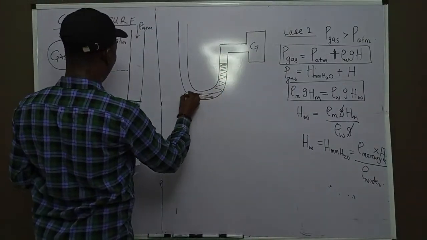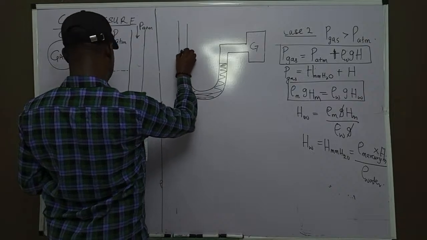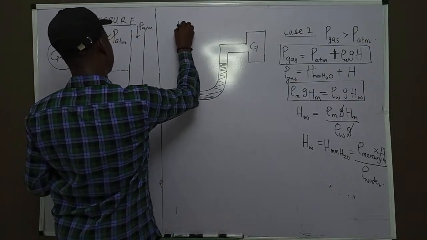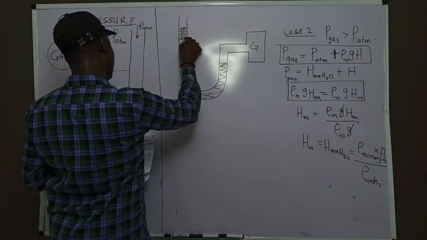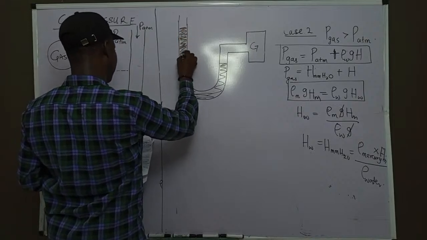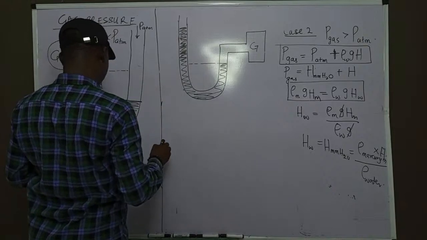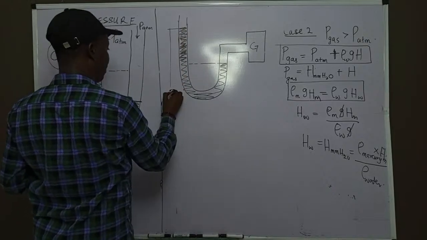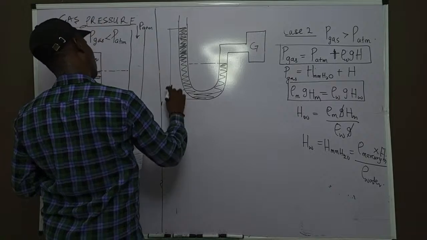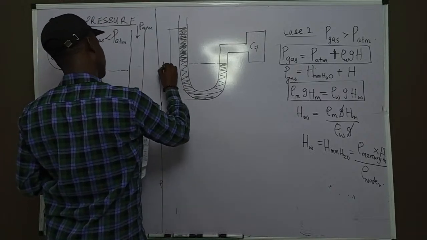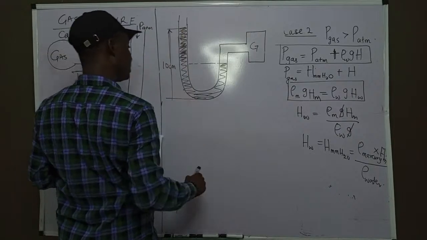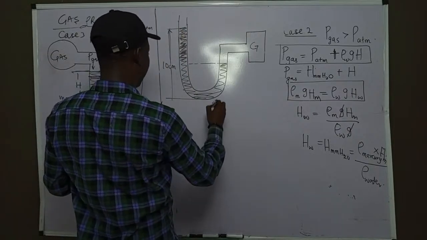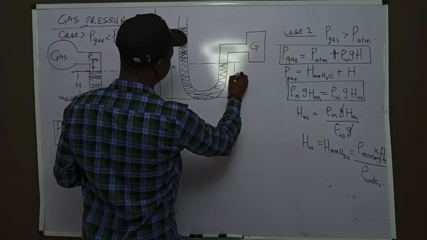That liquid goes on and on, even above the level of the gas, the liquid on the arm of the gas rather, which is this part. So they gave us from here to this part as 10 centimeter. Then they gave us here as 3 centimeter.